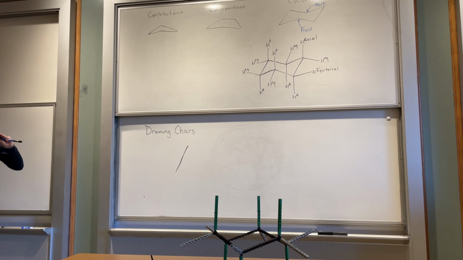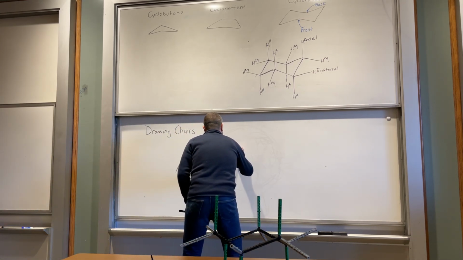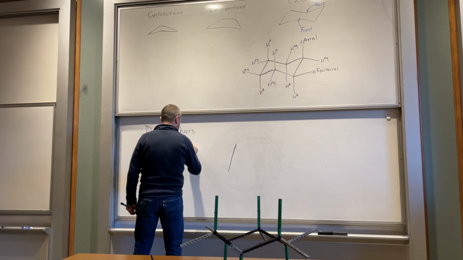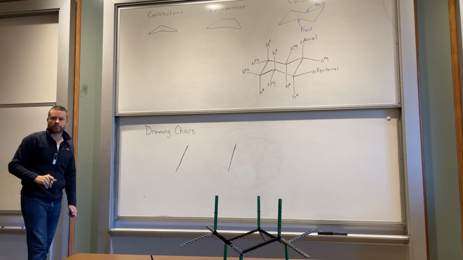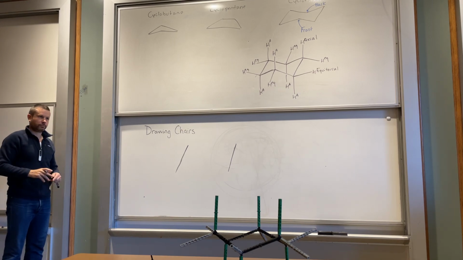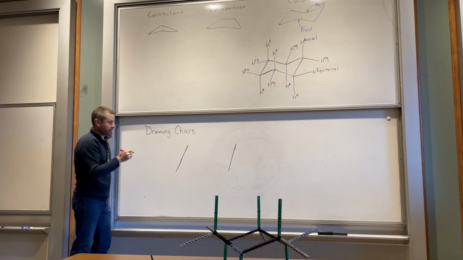Okay, so what I do when I draw chairs, I'm always going to start on the left side. All right, the sides are slanted, but they also are going to be parallel with one another. All right, so those are the sides of my chair. Okay, then I'm going to draw 2 more parallel lines.